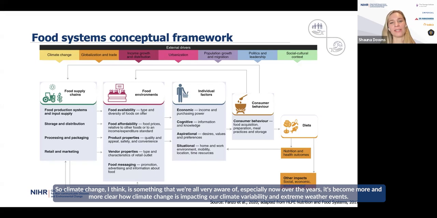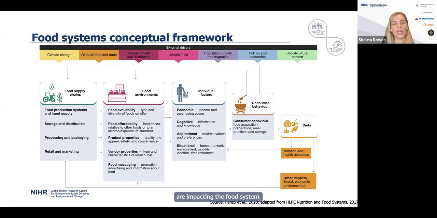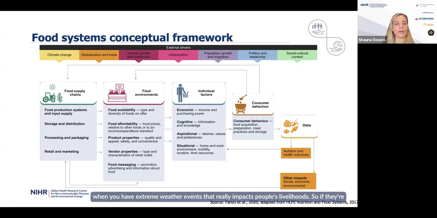Climate change, I think, is something that we're all very aware of, especially over the years. It's become more and more clear how climate change, or climate variability and extreme weather events, are impacting the food system. In many of the places that I work, extreme weather events really impact people's livelihoods.